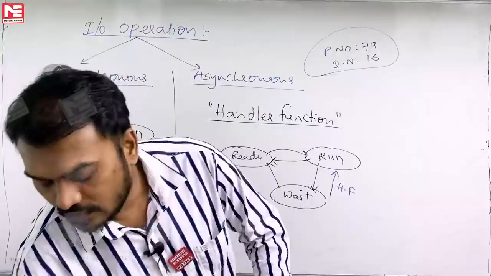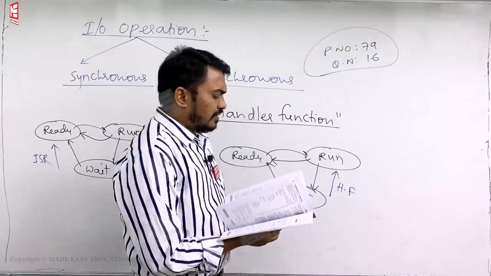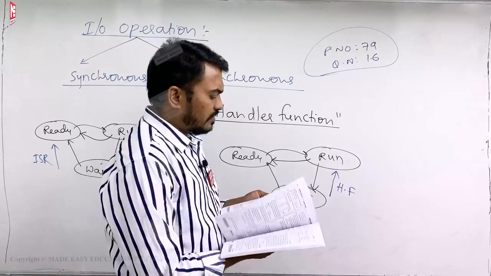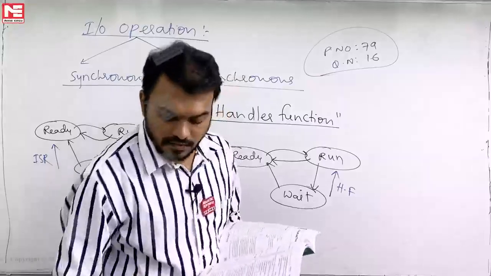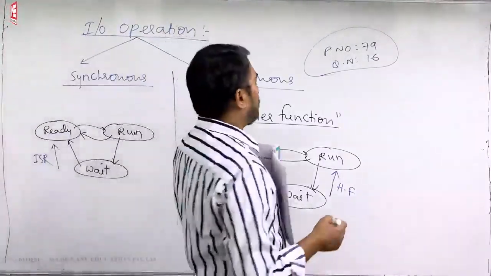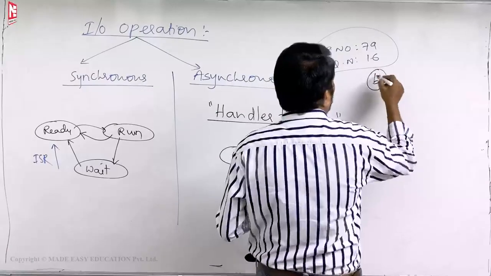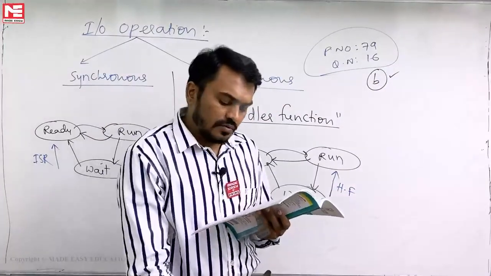So let's move on to the solution. Let's see page number 79, question number 16. Tell me what is the answer. We have seen what synchronous and asynchronous IO are, so with respect to that, what is the right answer? B. He is asking which is not true, so B is not true.